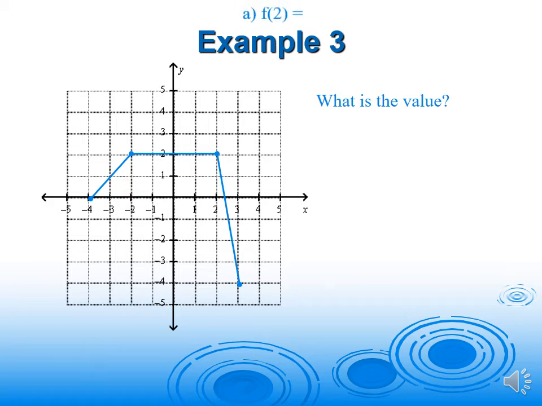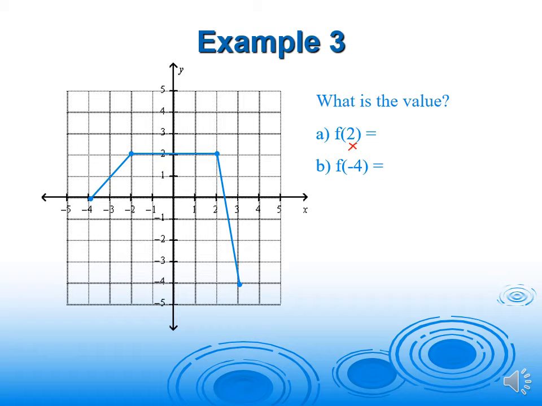So a question might look like f of 2. The answer to f of 2 or f of negative 4 is going to depend on x. So f of 2 says you go to x equal 2 on our graph. So x is 2 on this line.